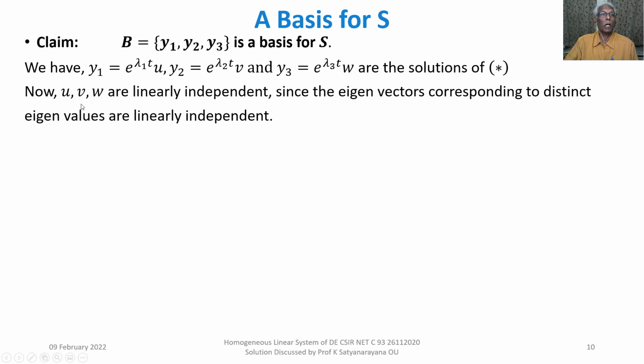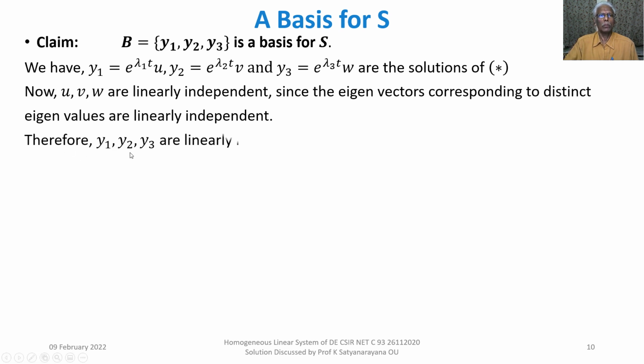Therefore, they are linearly independent. u, v, w are linearly independent since they are the eigenvectors corresponding to distinct eigenvalues. And we are using the theorem that the eigenvectors corresponding to distinct eigenvalues of a square matrix are linearly independent.